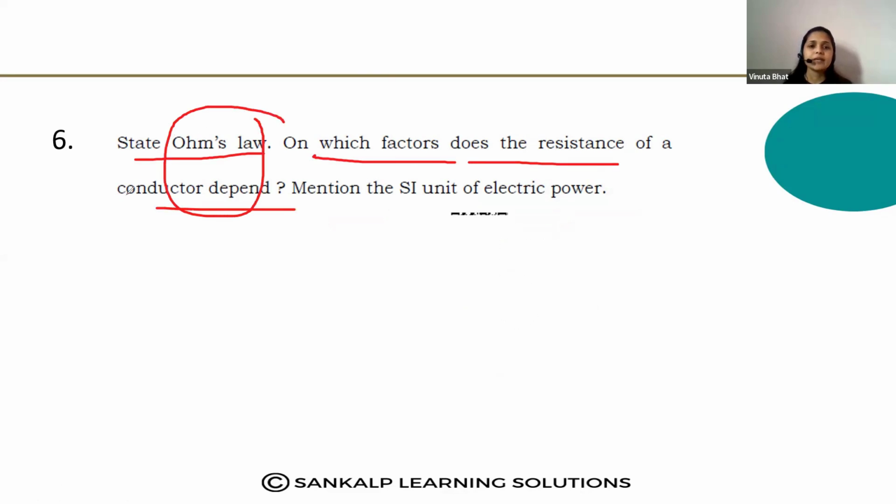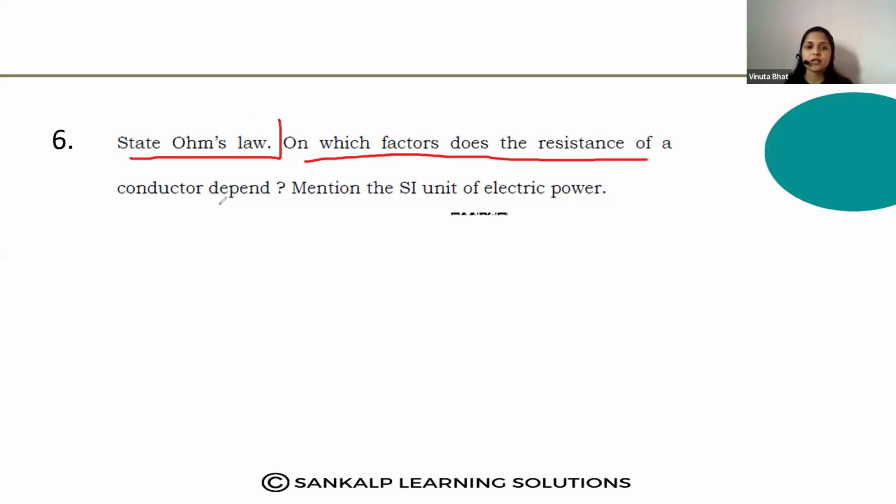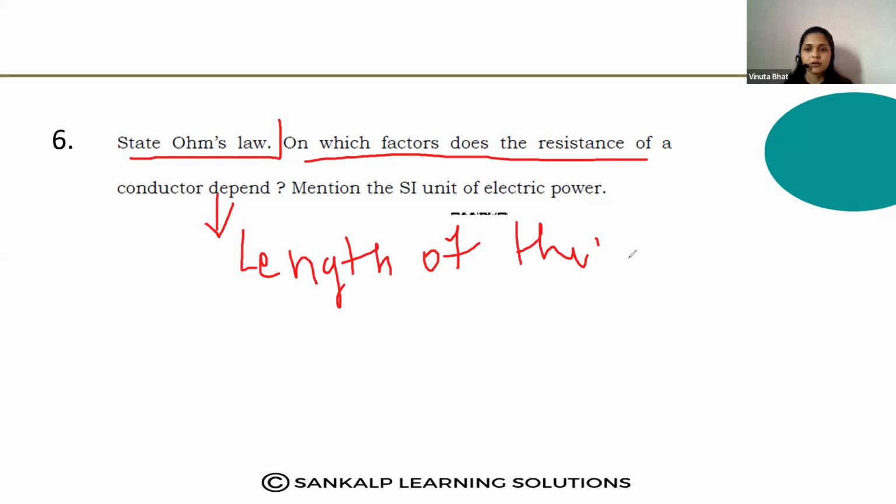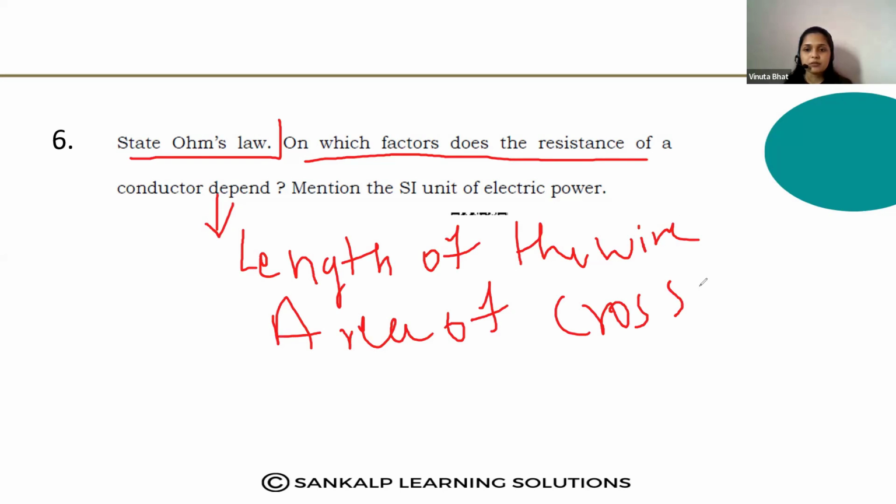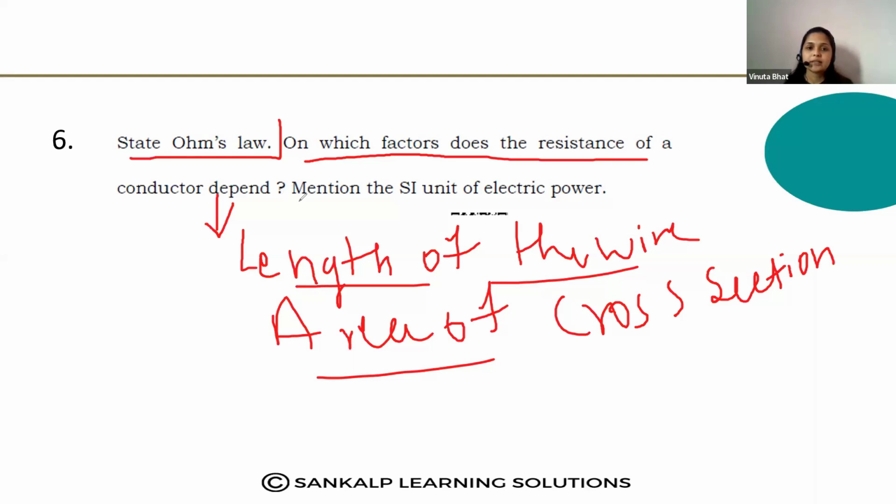This is the same, we have already seen this question and its answer. The resistance of the conductor depends on the length of the wire and the area of cross section of the wire. So this is the answer for this one.